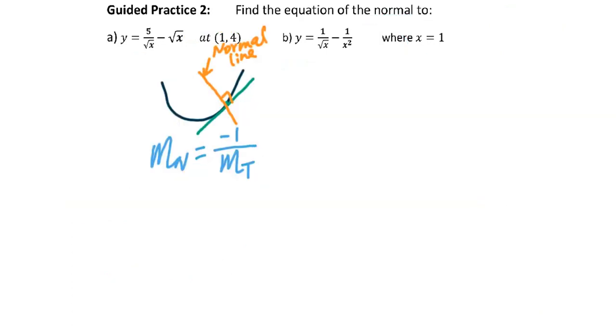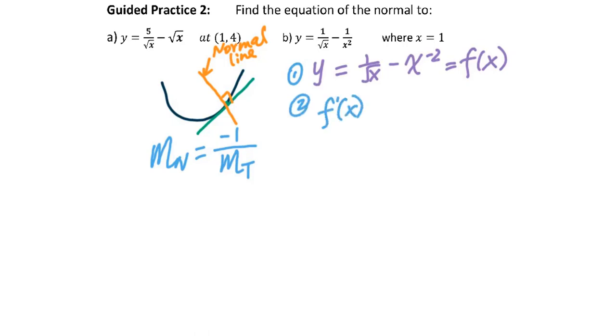Now let's go to B. For B, you have to turn it into single power. So we get 1 over square root of x minus x to the negative second power. We assume this one is f of x. That's the first step. Second step, we do derivative.